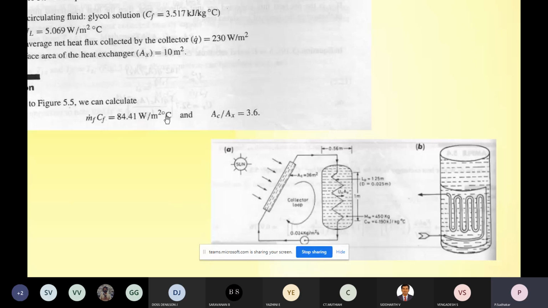Is it right? Can you calculate that value? Did you calculate and see whether the value is right?